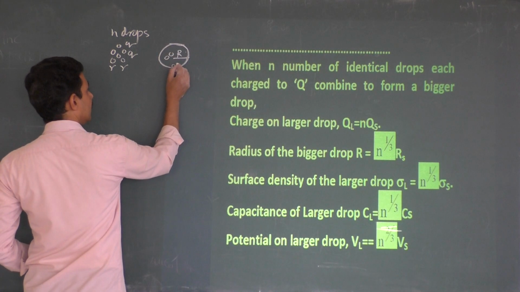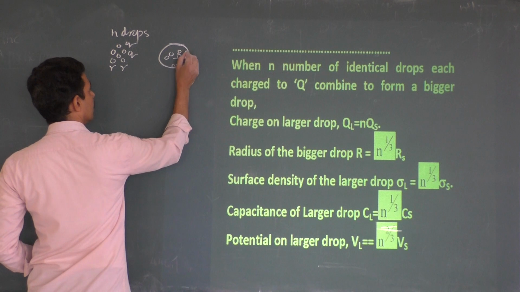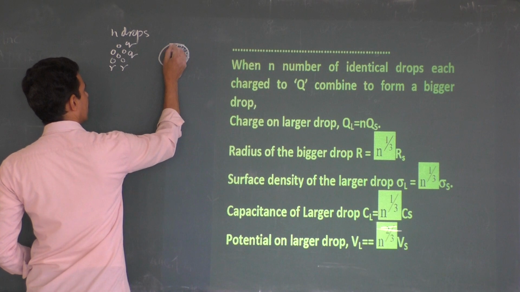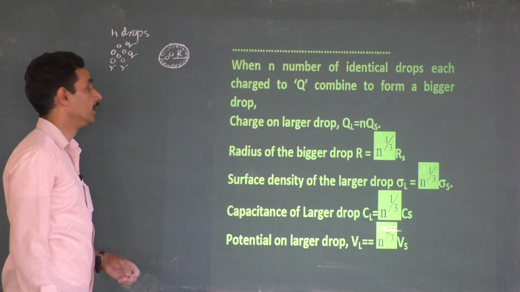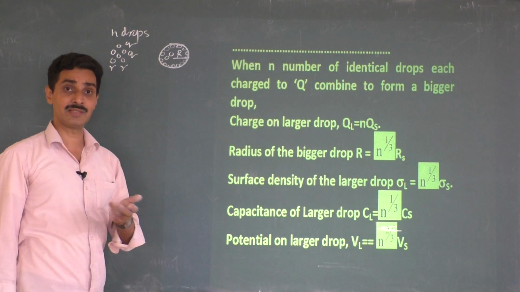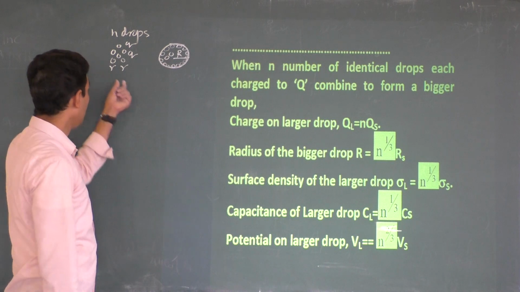Only the outer side of the drops will count for the surface area of the larger drop. So the surface area decreases when you have many drops like this.